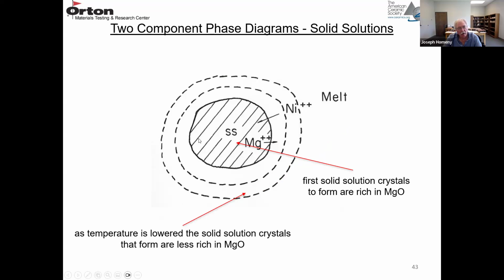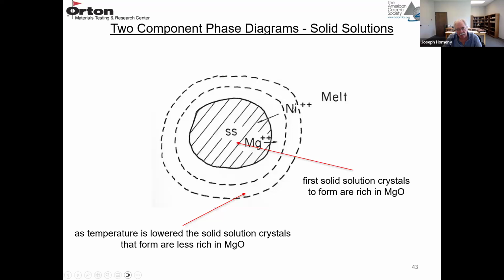So here's our solid solution that first forms as we just cross the solidus line. So the first solid solution crystals are rich in MgO. And then as the temperature is lowered, the solid solution crystals that form are less rich in MgO.